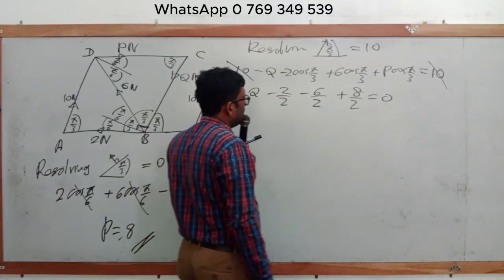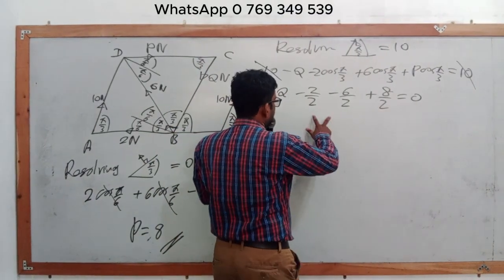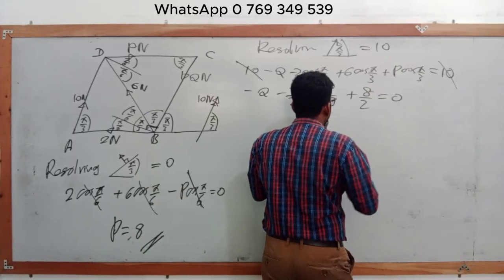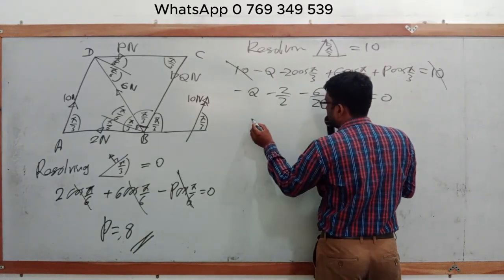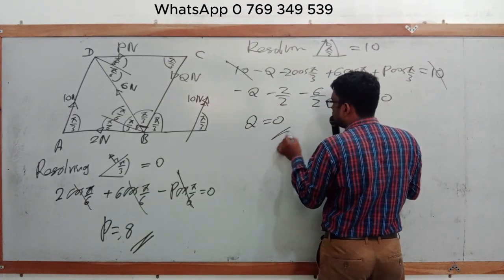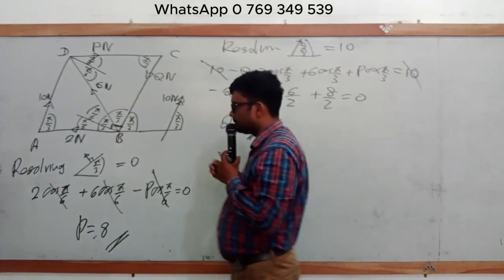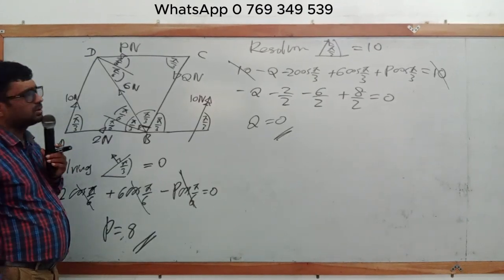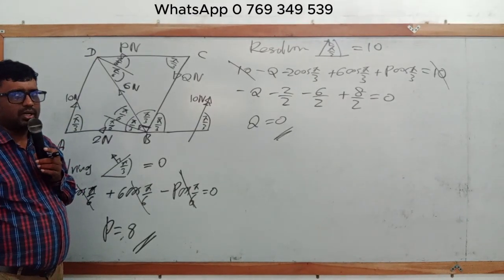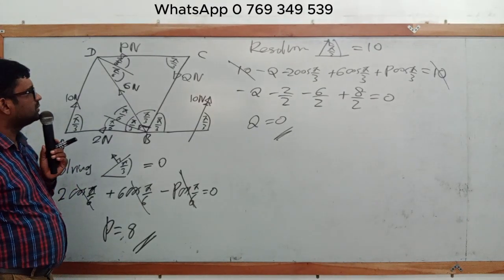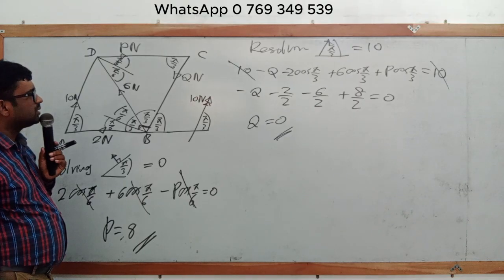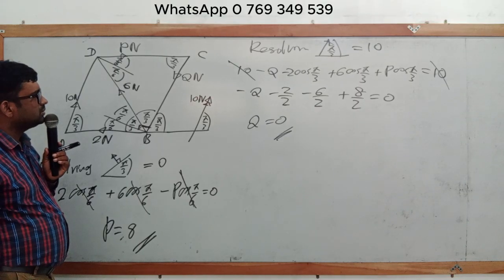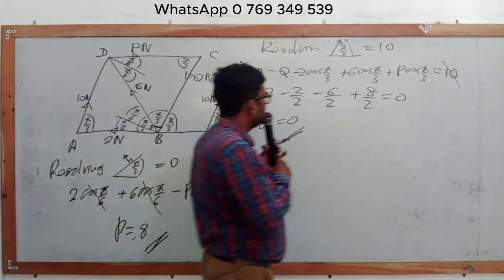Altogether 0 maybe. Here minus 8 over 2, and here plus 8. Sorry, here plus.